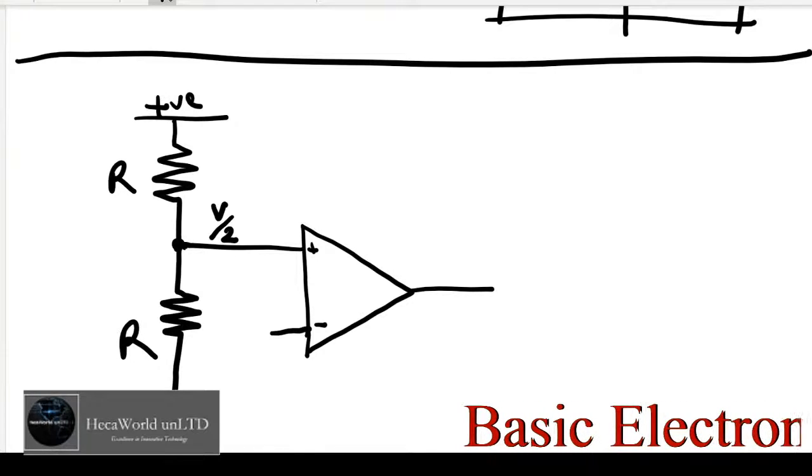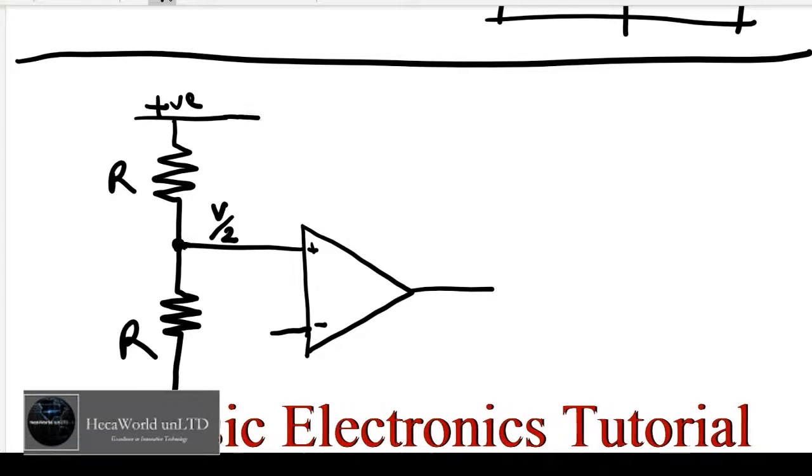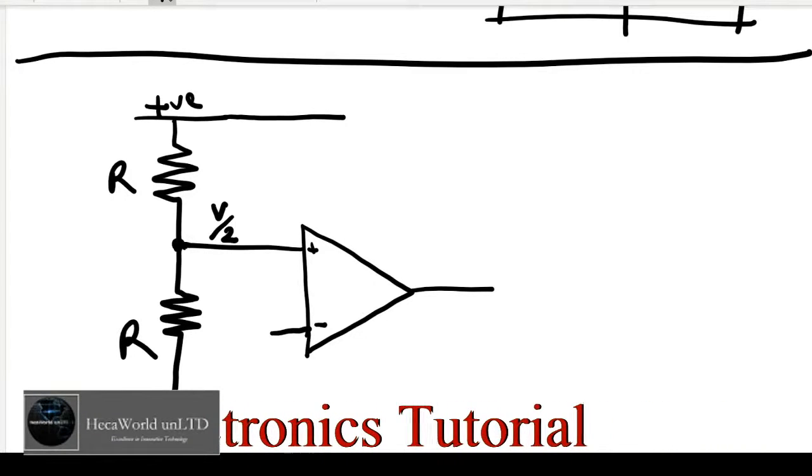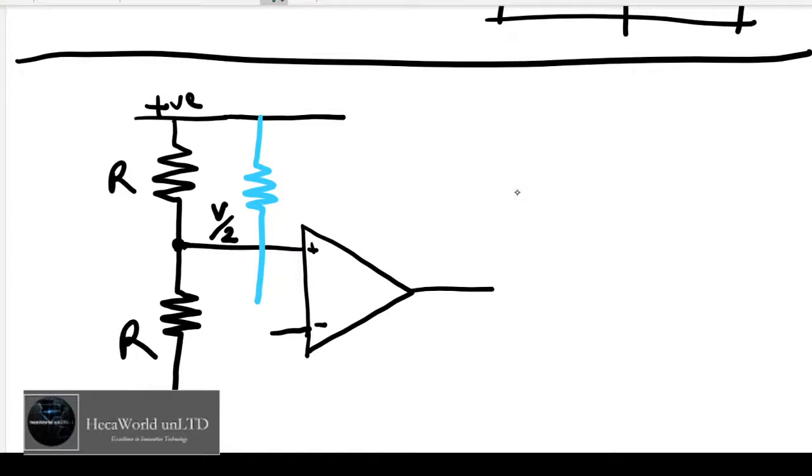So let's do the same for the inverting input. Let's put another resistor there. And in this case, let's use a different color of resistor. Let's use light blue. So let's call this R1 and R1.